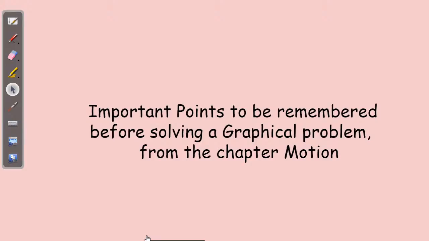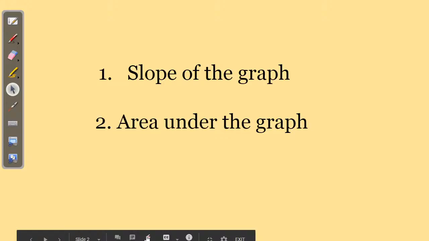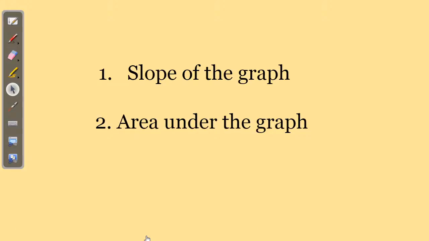If you come across a graph and you are asked to calculate some distance or acceleration or velocity from a given graph, you just have to do one of two things.